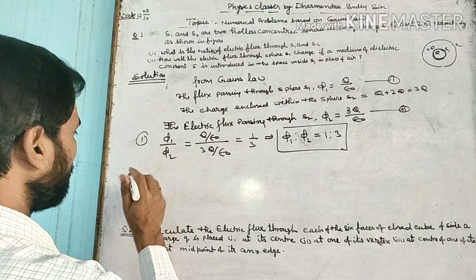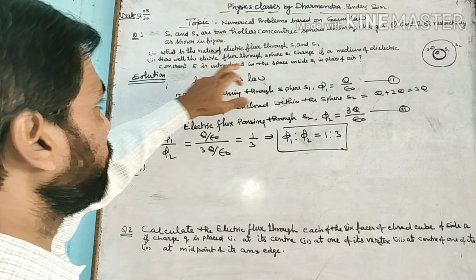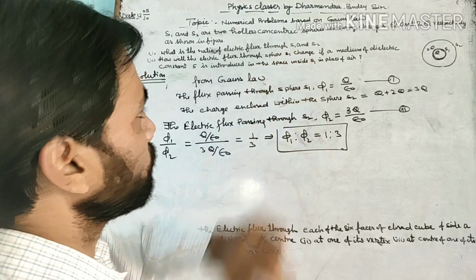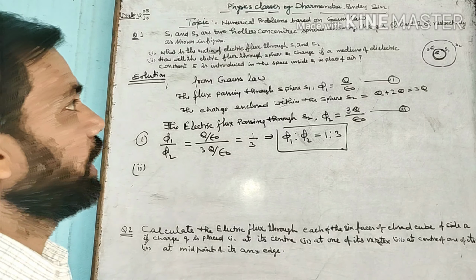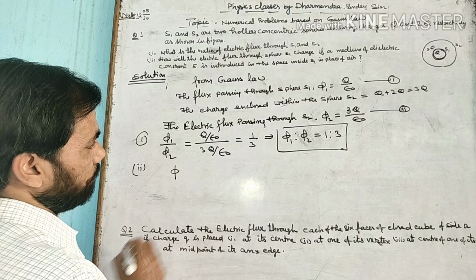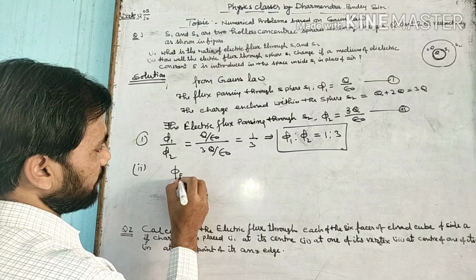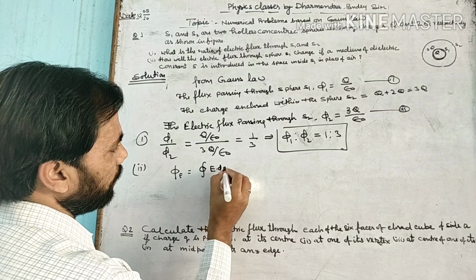Now we come to the second part of this first question, which is how will the electric flux through sphere S1 change if a medium of dielectric constant 5 is introduced in the space inside S1 in place of air. As you know from Gauss law, phi E is the closed surface integral of E dot ds.